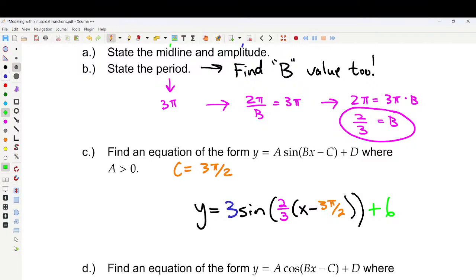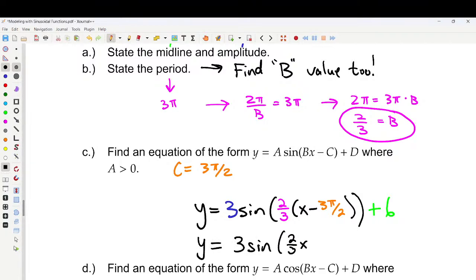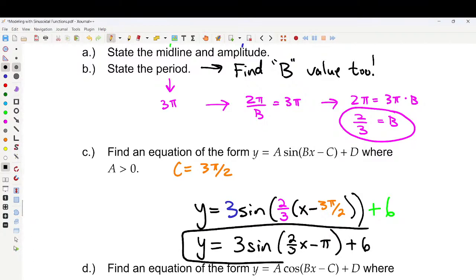Just go back. Does the question want us to distribute? Yes, it does. There's no inner grouping. So final answer, y equals 3 sine of 2/3 x. And then this would be 6 pi on top of 6. So that just simplifies to pi. And the plus 6 at the end, representing our midline.